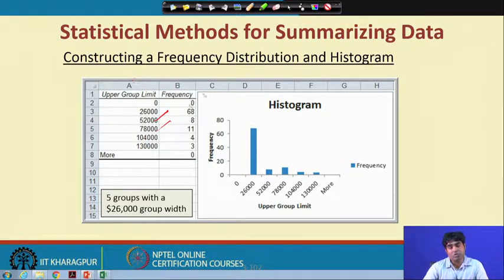And you can also plot these figures. Likewise, for 26,000 the frequency is 68, which is the highest, and then 52 is the second highest, then this is third highest, then fourth highest, then fifth highest, and there is no other figure.